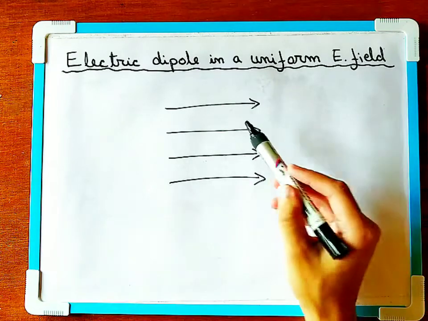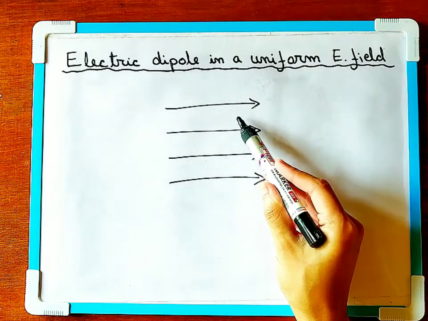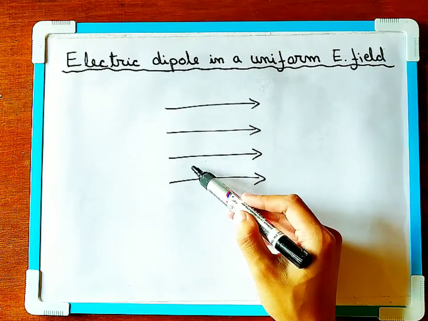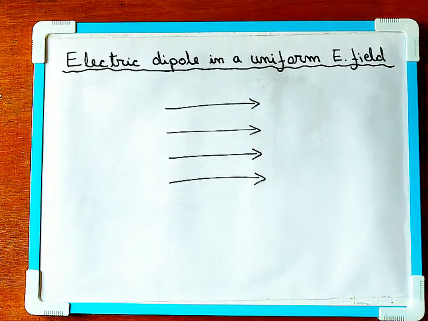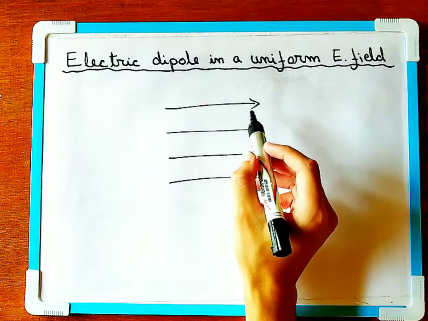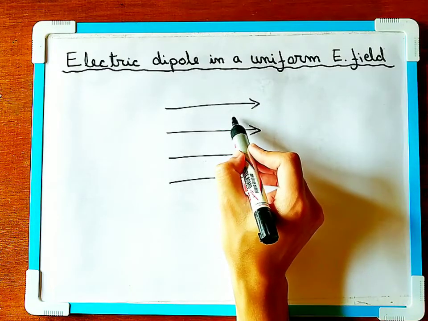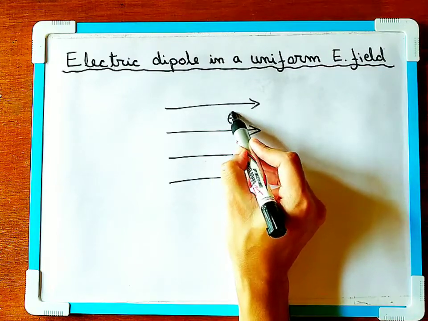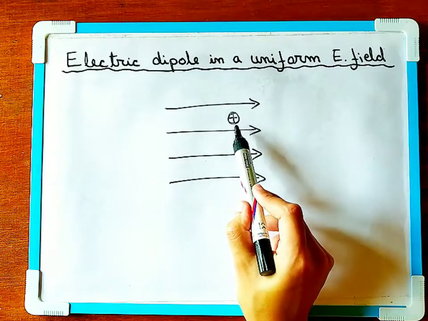So at this point the strength of the electric field is the same, and here also the strength of the electric field is the same. Now if we place an electric charge, say a point charge, in this electric field, suppose we have here a positive charge, now what will happen to this positive charge?